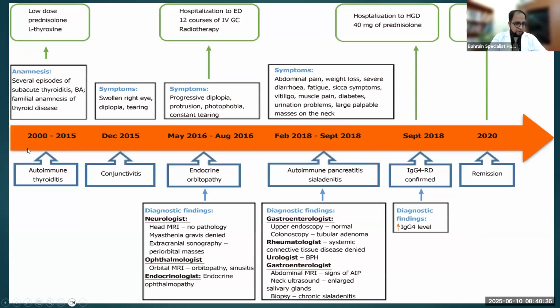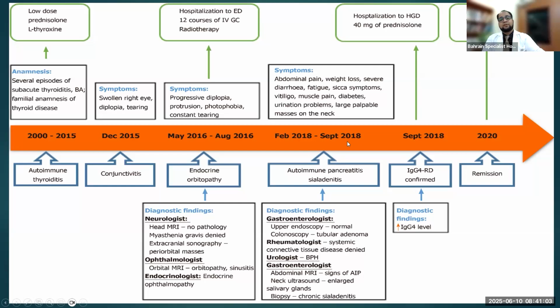As we can see, this one case which they have documented presented in 2000 as autoimmune thyroiditis. Then a few years later, the patient developed conjunctivitis, some endocrine symptoms, and orbitopathies like photophobia, diplopia, and they had to seek neurologist, ophthalmologist, and endocrinologist opinions, but no confirmed diagnosis came up.